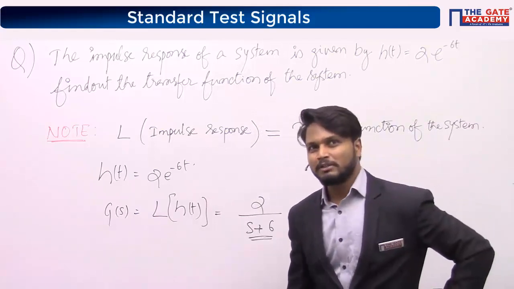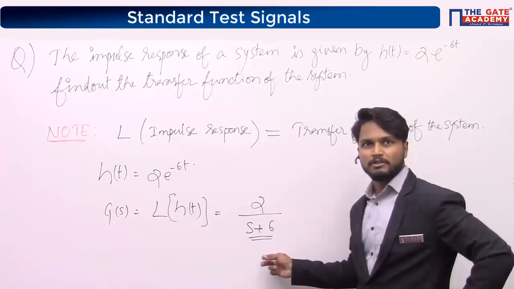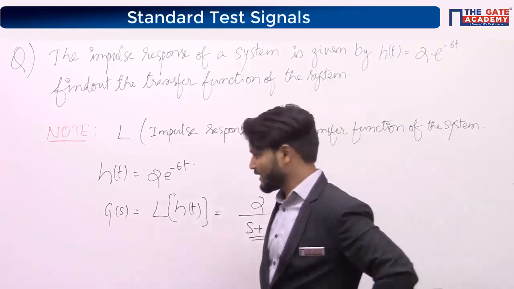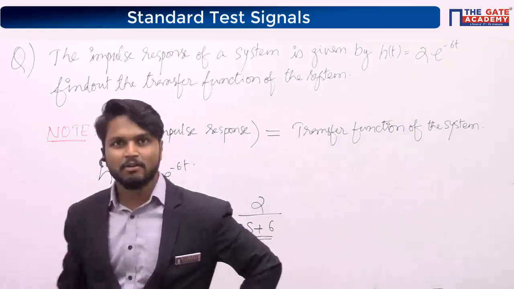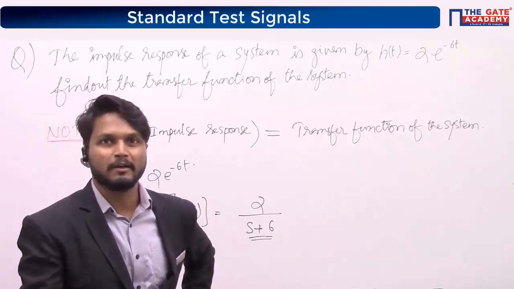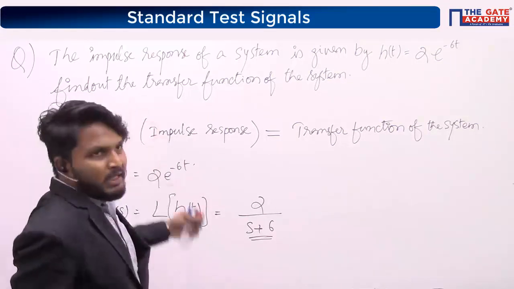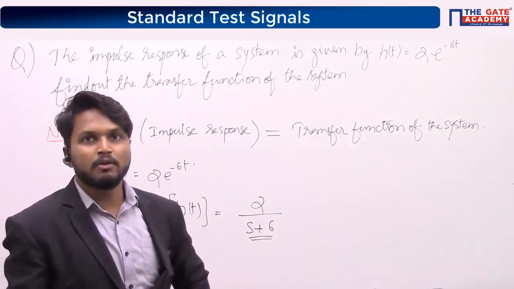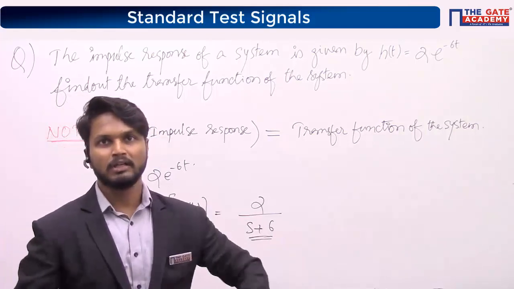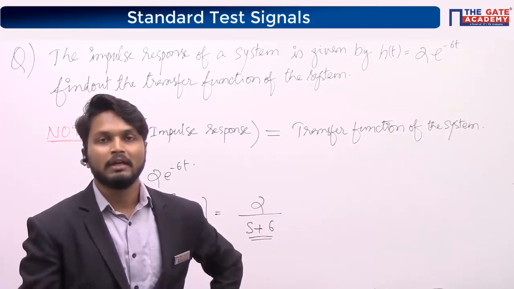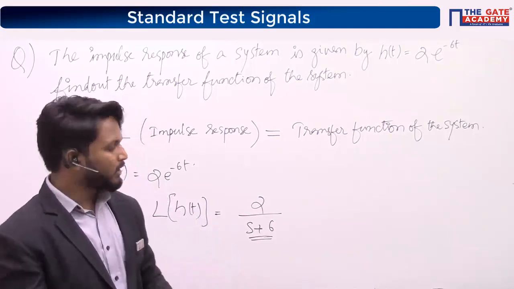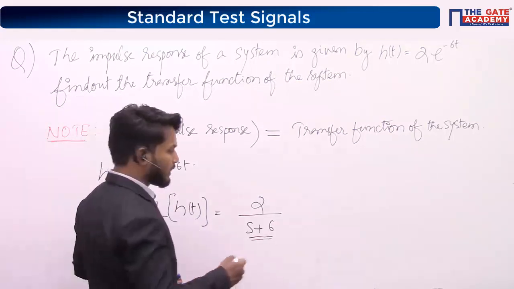So, can you find out the DC gain of this particular transfer function? How will you find DC gain? U of t is not given there. Only impulse response is given. Yes, we'll just put s is equal to 0 in this, right?